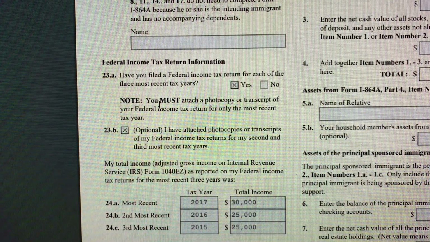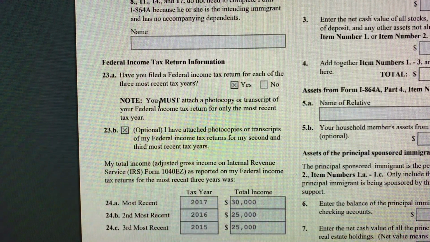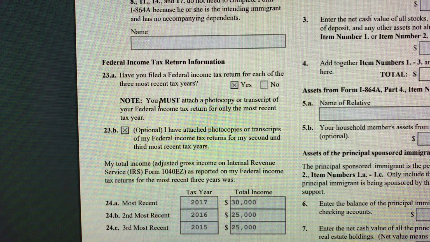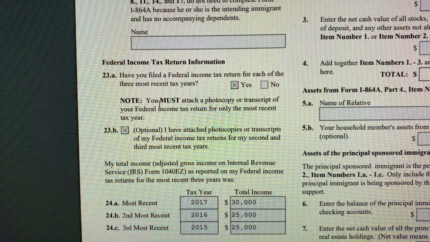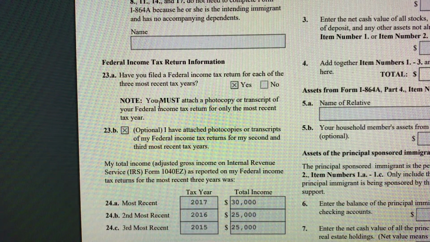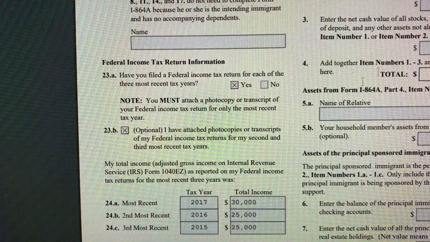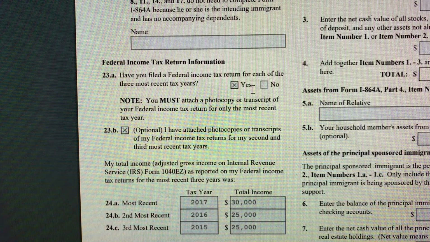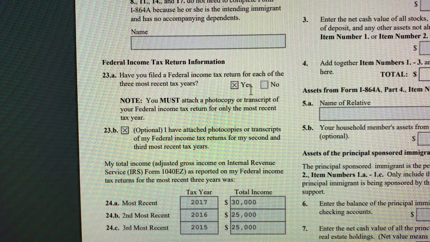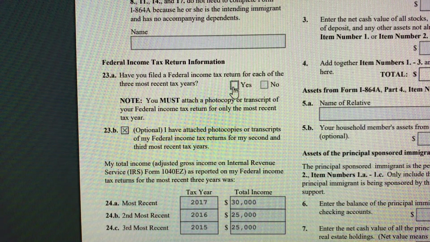So that's what I said, guys, this varies from different cases. If your husband didn't file for last year or 2016 because you didn't make enough, you can just put no here. But if you, the sponsor, filed for the recent 3 tax years, you put yes here.